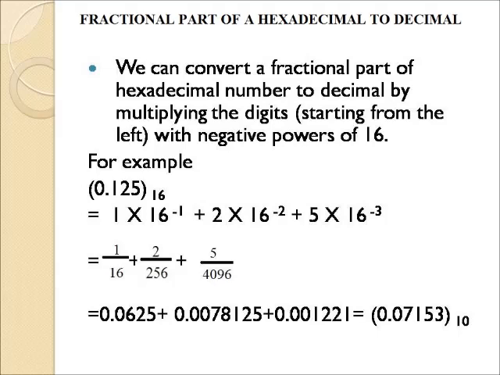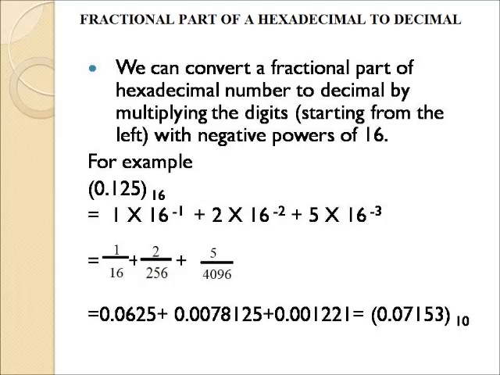Starting from the digit on the left, it is 1 into 16 raised to minus 1 plus 2 into 16 raised to minus 2 plus 5 into 16 raised to minus 3.